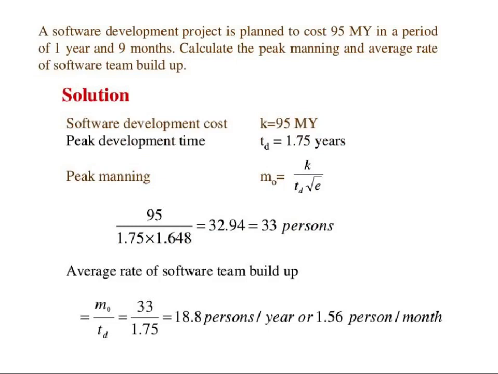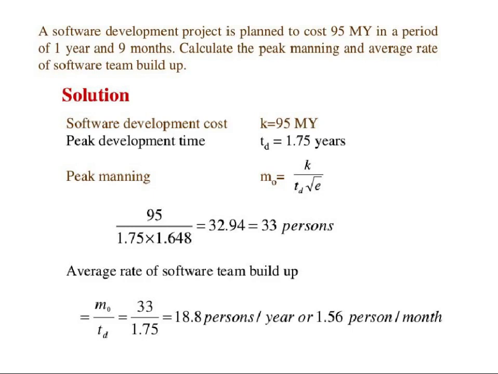Now let us see one problem. A software development project is planned to cost 95 man-years in a period of 1 year and 9 months. Calculate the peak manning and average rate of software team buildup.